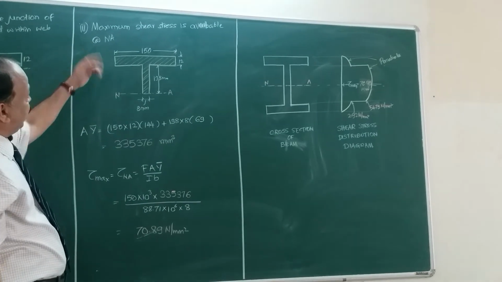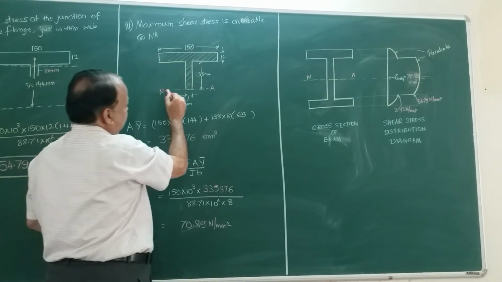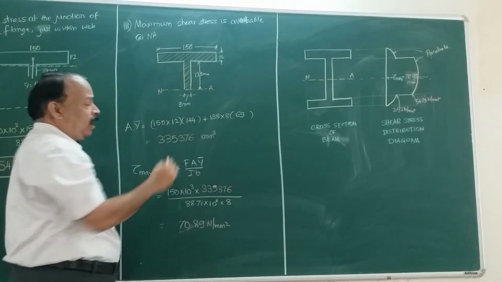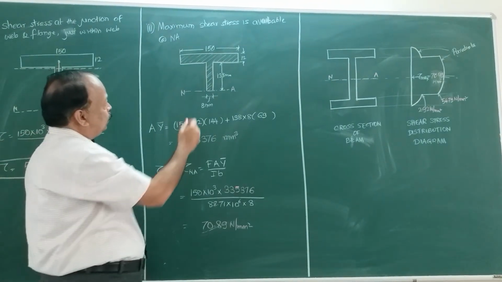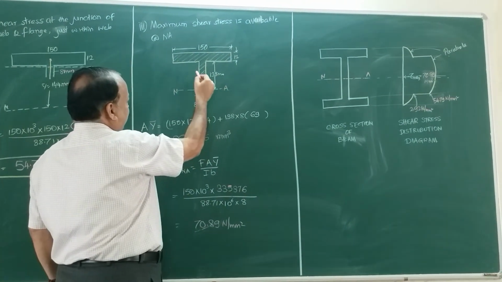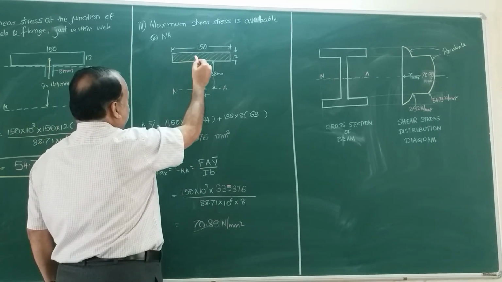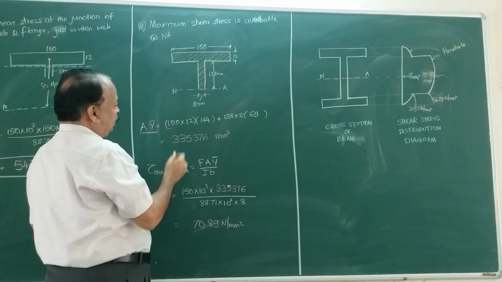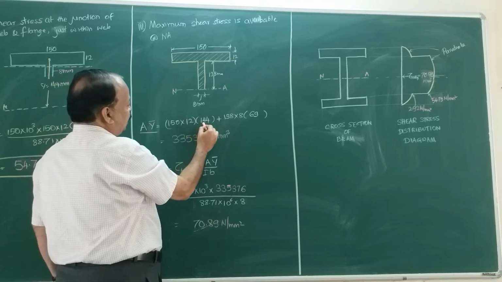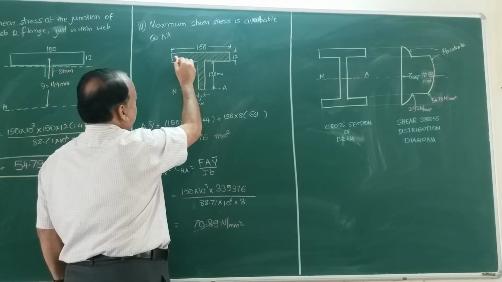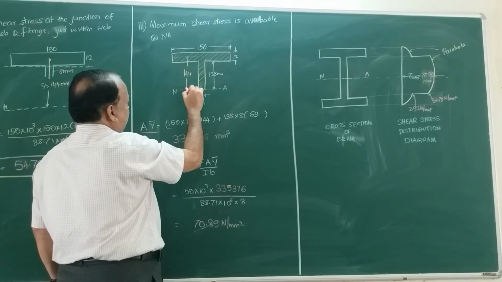Then we will calculate maximum shear stress. Maximum shear stress is available at the neutral axis. So this is the neutral axis. I have drawn only half of the figure from the neutral axis towards top. So this is the area you have to take, and you have to take A y bar as area into y bar of first component plus area into y bar of second component. So the first area is 150 by 12, that is this rectangle, into distance of CG 144 millimeters from neutral axis.